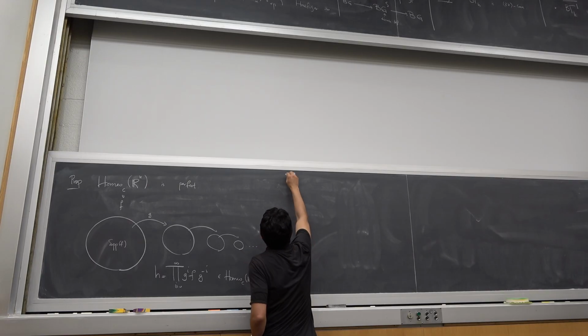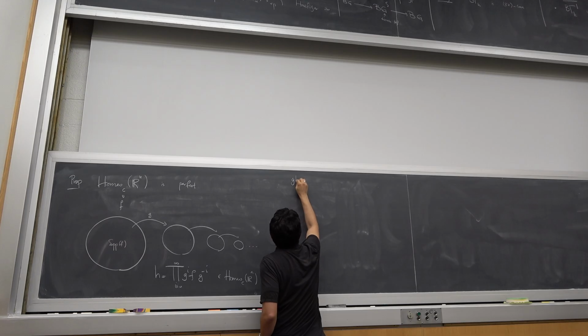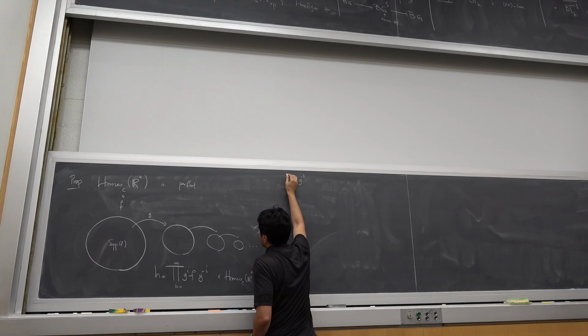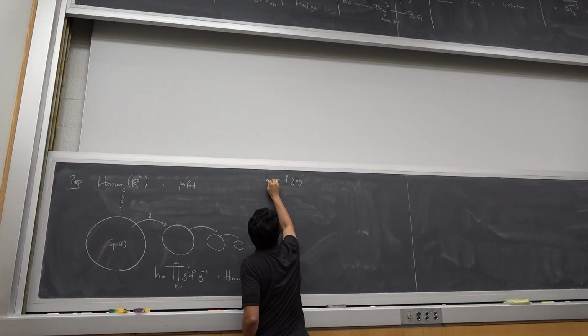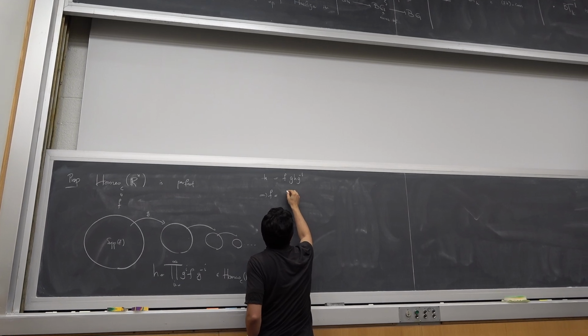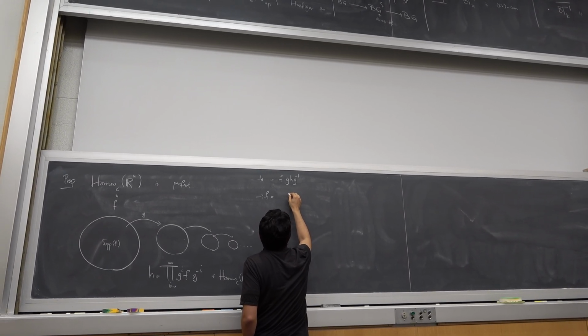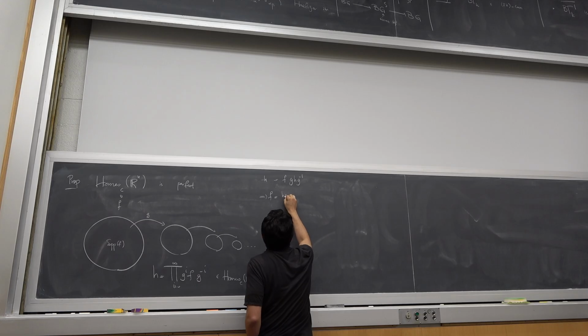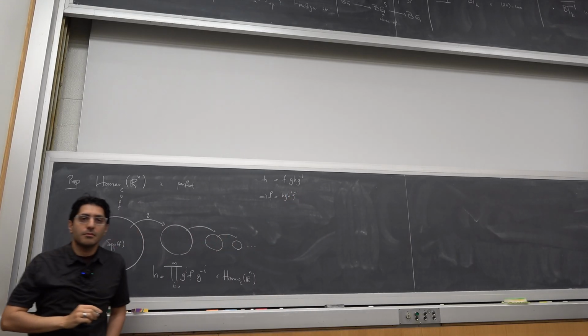If you take G H G inverse and then multiply by F, this is like H. So then you can write F as H G H inverse G inverse, or the other way around.